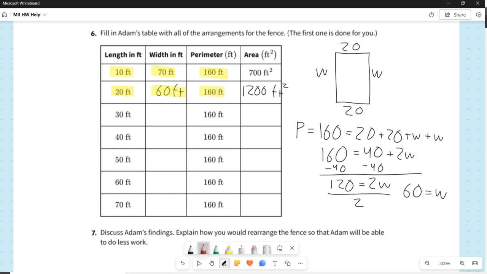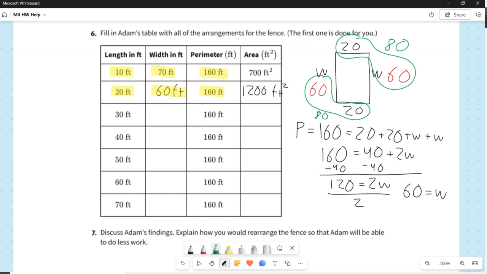And if you think about it, this should make sense, because going back to our picture for a second, if we replace these w's with 60s, say w in this case was 60, well, if you take one of your widths and one of your lengths, this is 80. And then if you take the other pair, that's also 80. And 80 plus 80 is 160.